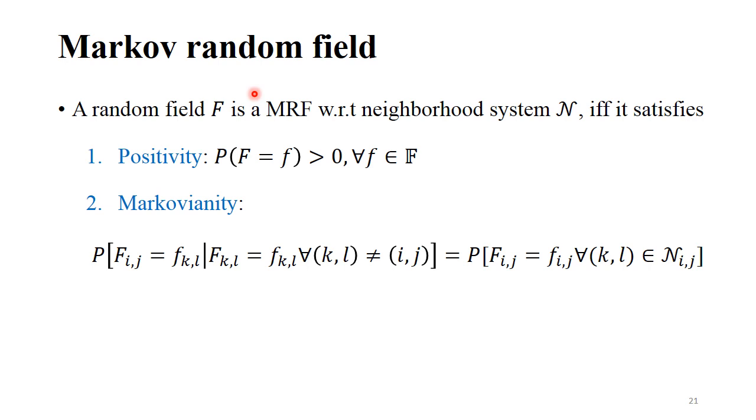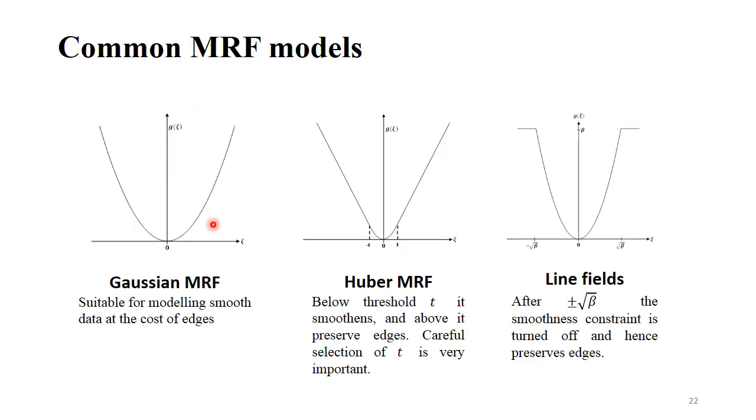I'm not going to go in depth about this concept, just one statement and these two properties I'm going to mention, then we are going to have the direct implementation part. A random field F is a Markov random field with respect to neighborhood system N if and only if it satisfies these two properties: positivity and Markovianity. Three different types of MRF models: Gaussian, Huber, and the line fields.